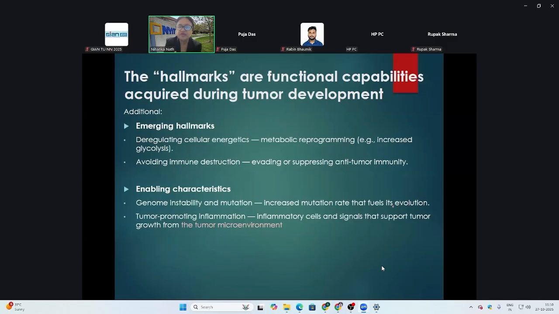So it's becoming a smarter cell, in a bad way, all because of more mutations and genome instability, and it will acquire all of those hallmark properties. And the tumor microenvironment, like the surrounding cells, the lymphocytes, are going to help it. So those are the enabling characteristics. Because of the tumor microenvironment, 7, 8, and 9 can take place.